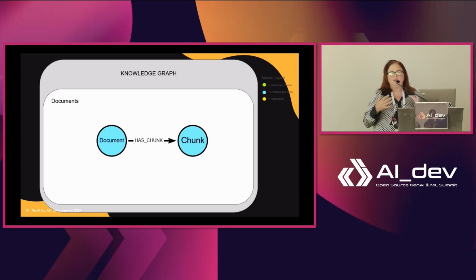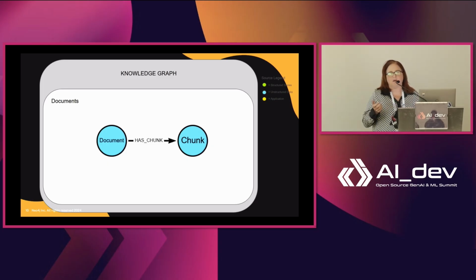So when we talk about the knowledge graph, in this case, the first entity is the document, and then we break it up into chunks, which everyone is familiar with. One of the properties of that chunk is going to be the text itself. Another one of those properties is going to be the embedding.